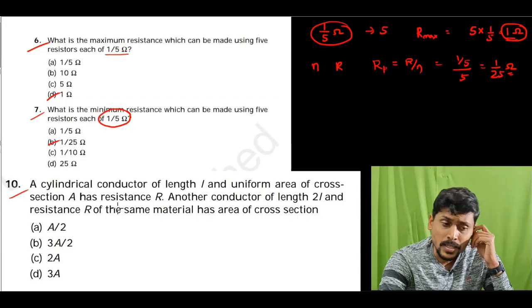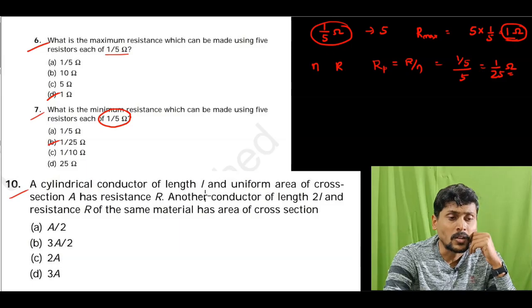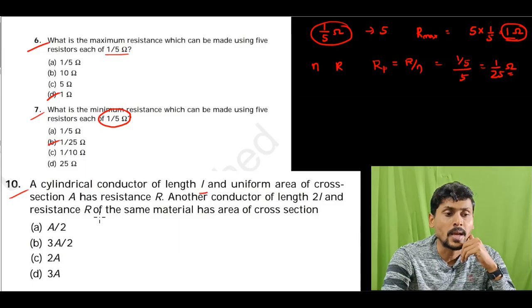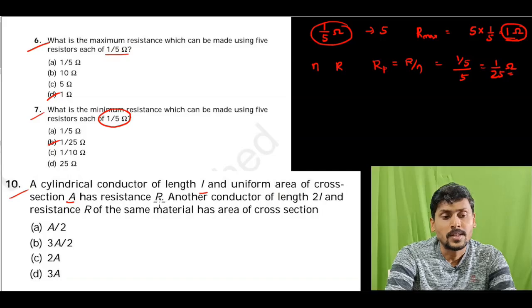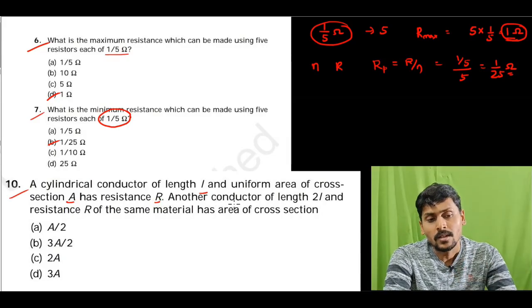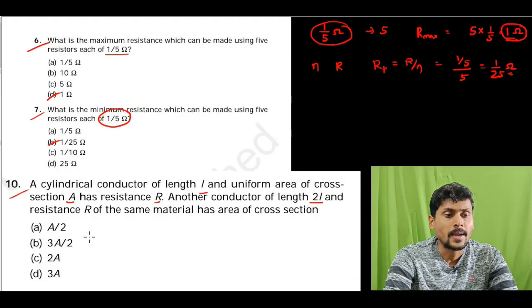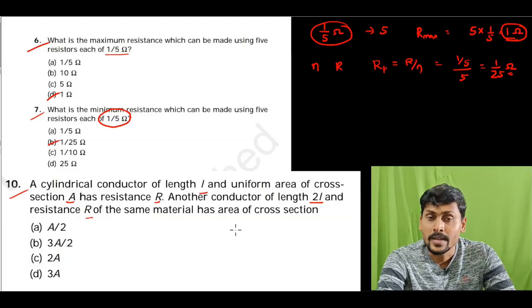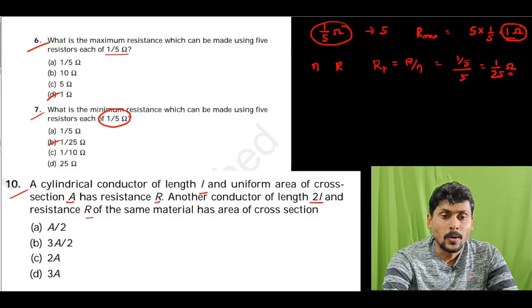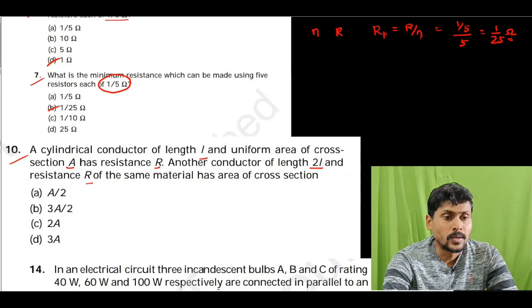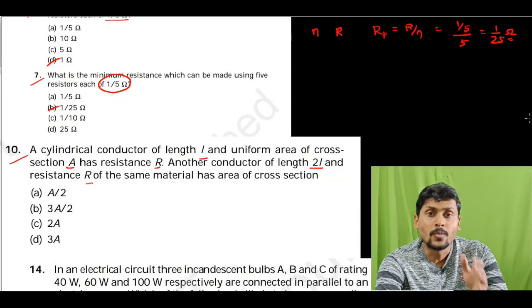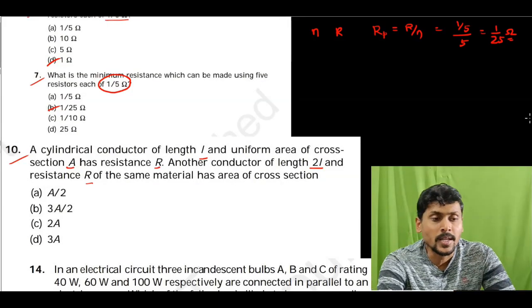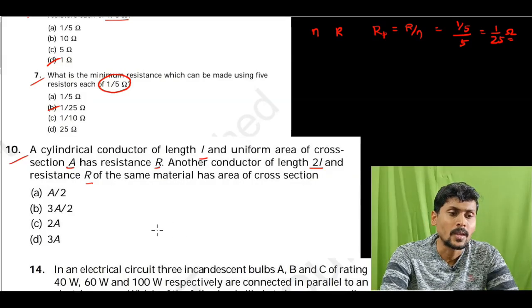The question is: a cylindrical conductor of length L and uniform area of cross section A has a resistance R. Another conductor of length 2L and resistance R of the same material has area of cross section dash. So it is given that you have 2 conductors, but both of them are made from the same material. It means they have the same resistivity.